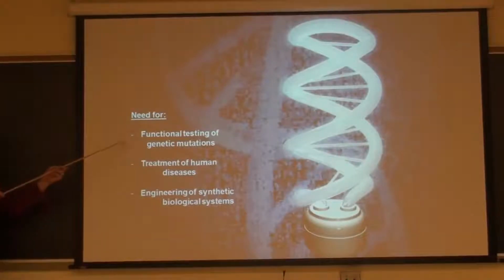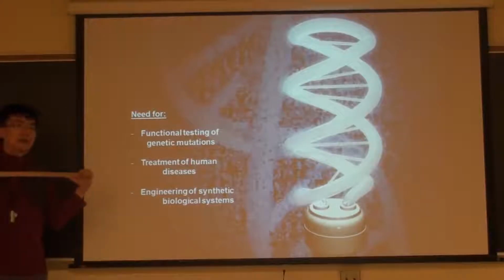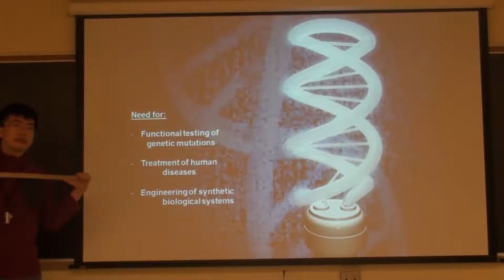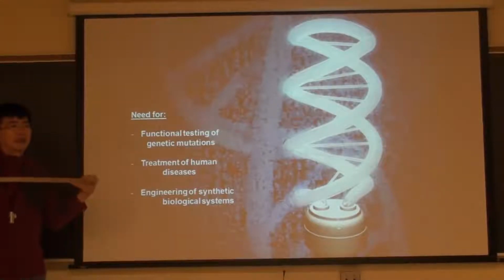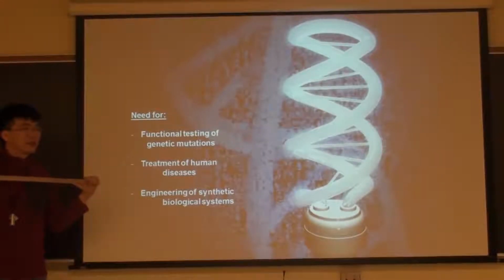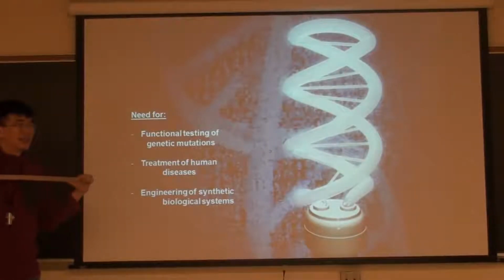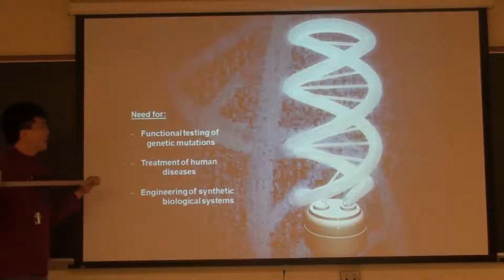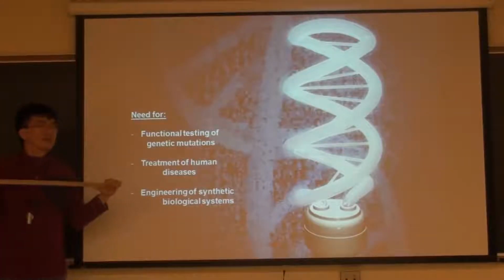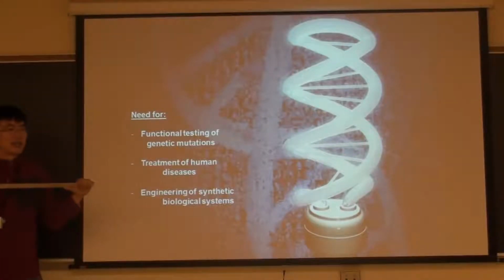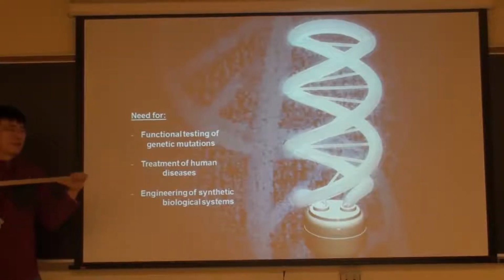Okay, the first, functional testing of genetic mutations. If you want to understand the function of a gene of your interest. What gene are you interested in most? NS3 and NS5B of hepatitis C virus. Okay. So then you can do genome engineering of the virus to remove the NS3 protein from the viral genome and see what happens.